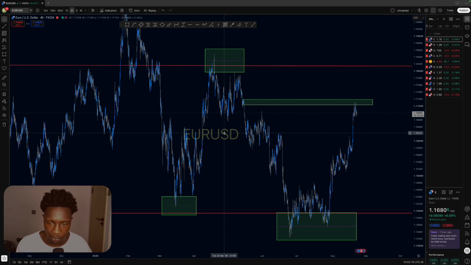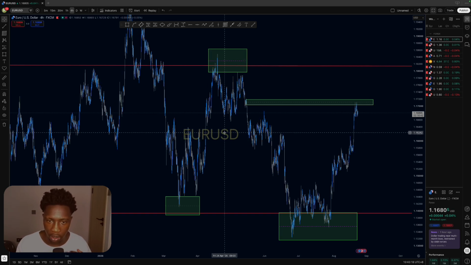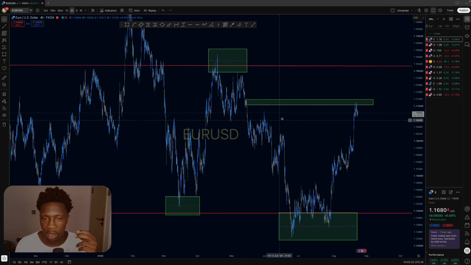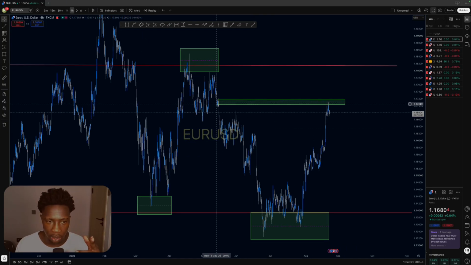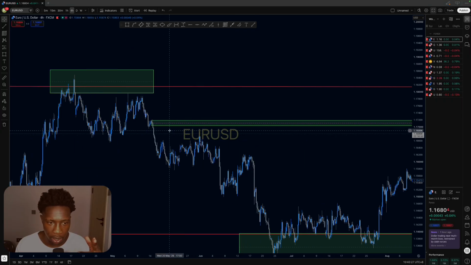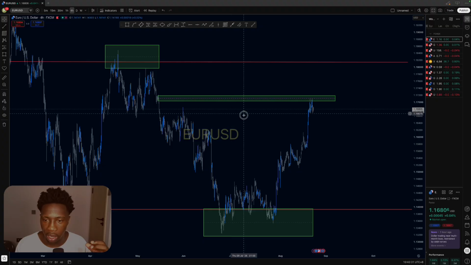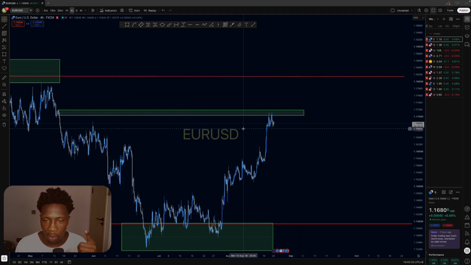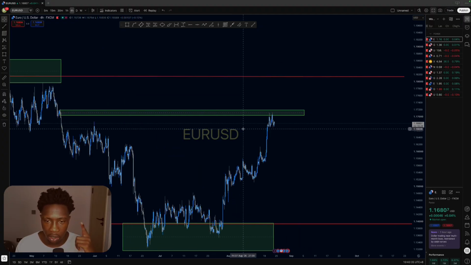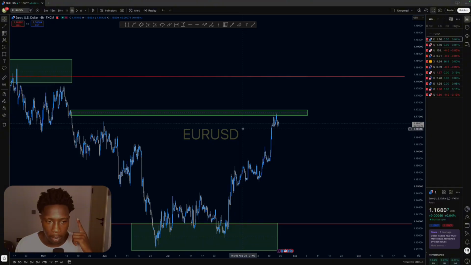To the left. We'll look to the left and see what the market did in the past. So the market gives a pullback, or prints a pullback here, and now on our current market price, it also rejected on that same pullback.